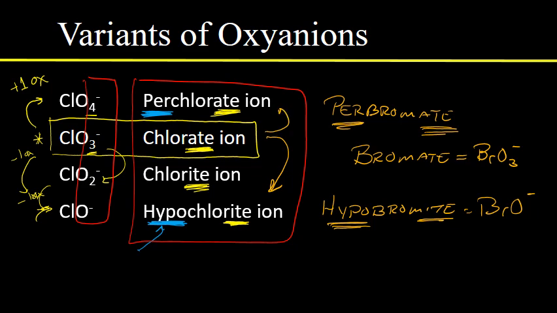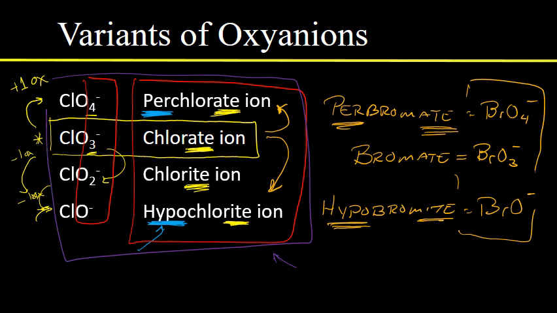That means we've gone up 1 step, we've added 1 oxygen. So perbromate would be BrO4 minus. Okay. All right, this pattern is important. When we get to naming acids, we're going to have a table very similar to this for naming the acids of all of these different oxyanions. So this is really important. Okay.